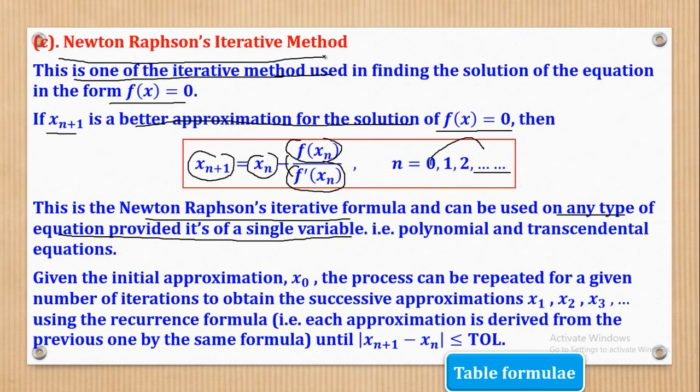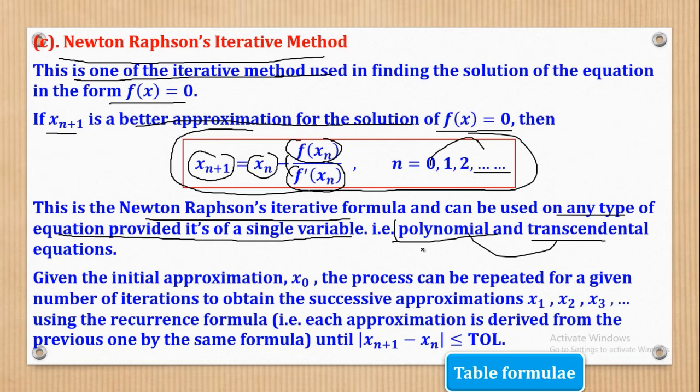Any formula, even if it's a polynomial or transcendental, so transcendental means it can contain a trig function or an exponential or a natural logarithm. So all those form equations, this formula can be used to get their better approximation. But for general form iterative method, as we shall see, it is only restricted to polynomials.